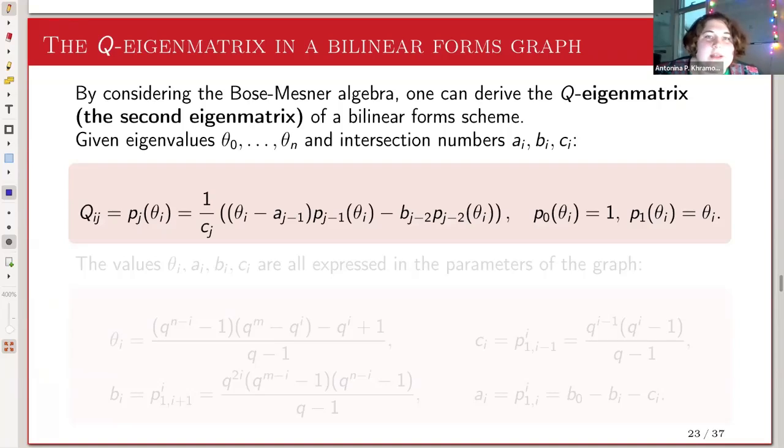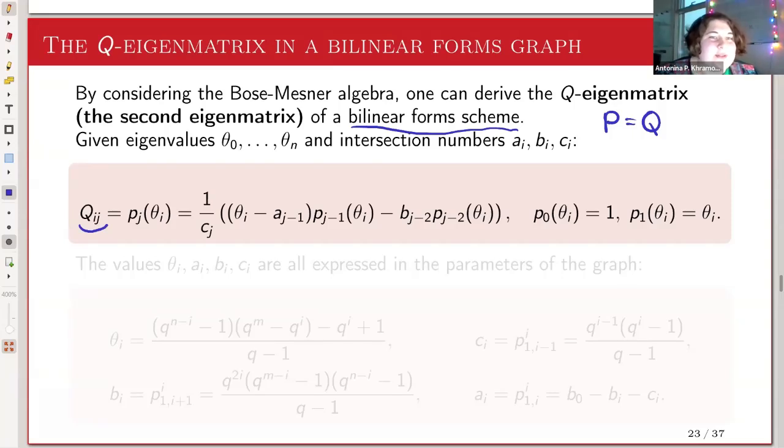second eigenmatrix. So here, I define it specifically for the bilinear form scheme. And bilinear form schemes are self-dual, so the second and the first eigenmatrix are actually the same. So for the bilinear form scheme, we can define the exact entries of Q without going into the details of Bose-Mesner algebra.